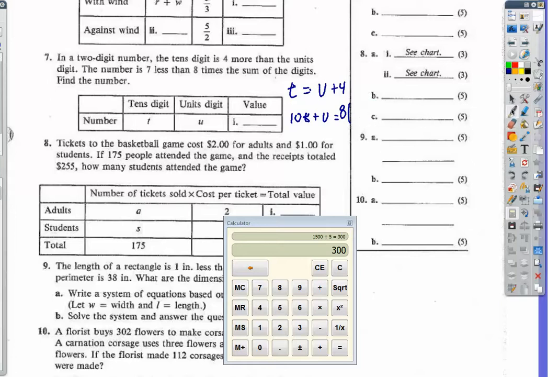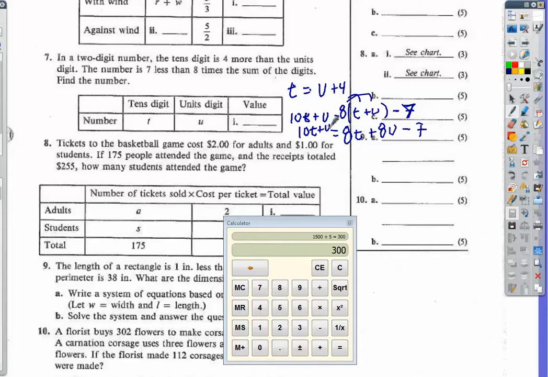Sorry about that. So the sum of the digits is t plus u, and I have my minus 7. All right. So let's go ahead and distribute this. We want this simplified as much as possible. So we have 8t plus 8u minus 7 on my right side. On my left side, I still have my 10t plus u.